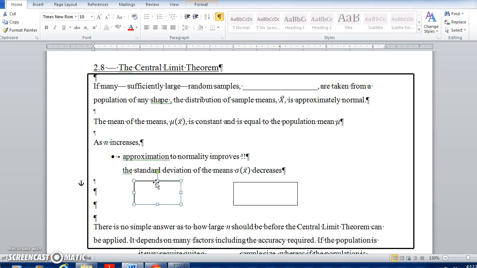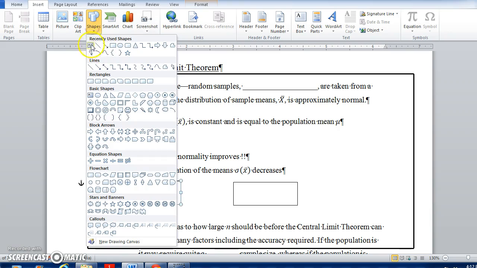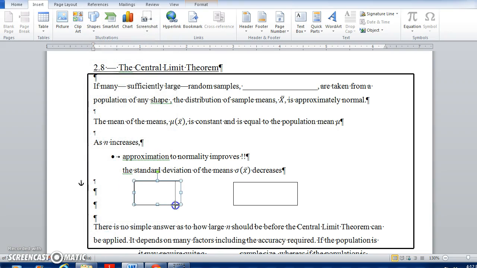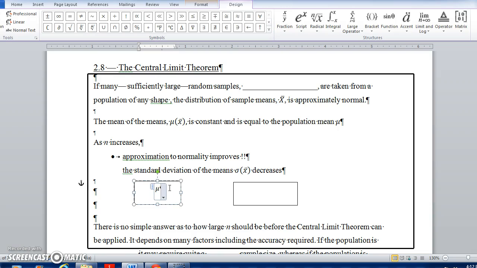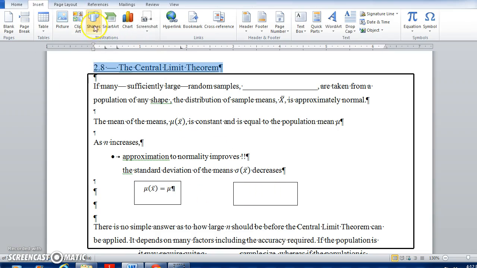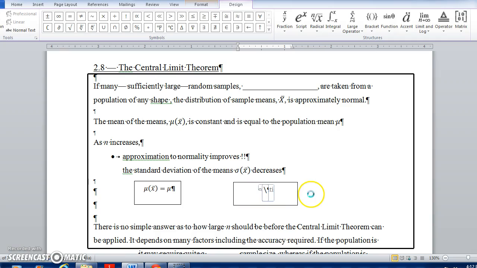To formalize that officially, I'm just going to quickly add a text box there. We notice that the mean of our sample means, which we represent by mu of x bar, is equal to our population mean, mu. And then also we notice that the standard deviation of our means is equal to sigma over the square root of n.